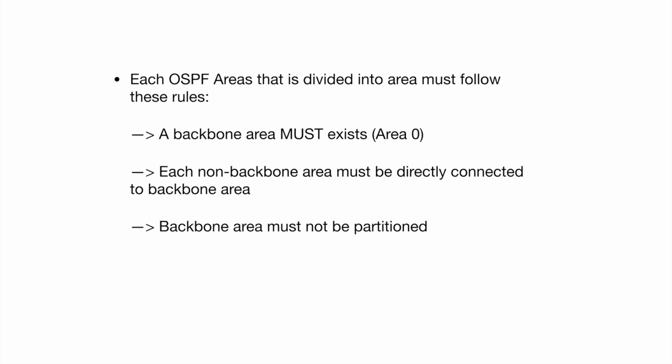The question then comes, when do we introduce areas? What is the number at which we need to start looking into areas? Unfortunately or fortunately, there is no hard number for that.